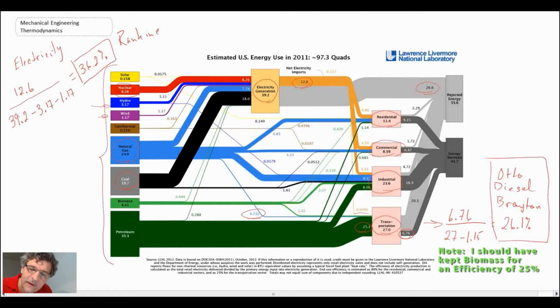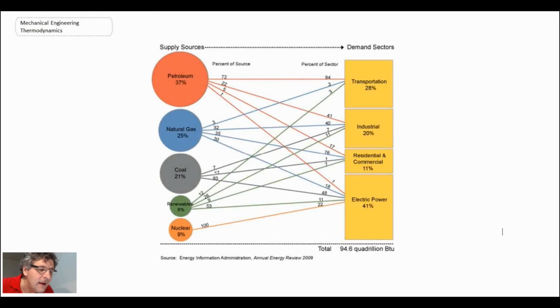The last thing that I want to look at in terms of where we get energy from is this diagram here. What is interesting about this diagram is it shows us the supply sources. So this is where the energy is coming in. We have some coming in with petroleum, some with natural gas, some with coal, renewable energy, so that could be hydroelectric, wind, or solar photovoltaic, and then nuclear energy is down at the bottom here.